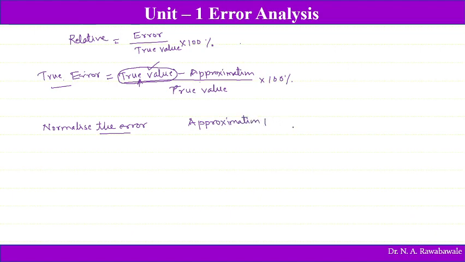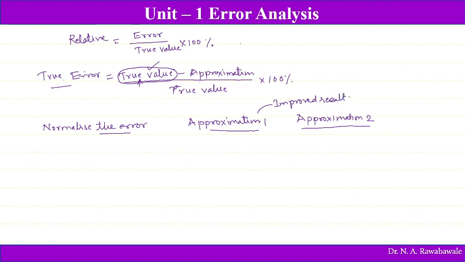Then from approximation 1 we obtain another approximation, approximation 2. Approximation 1 is the first value which we obtained by the numerical method, and approximation 2 is the second value which we obtained. This second approximation is the improved result.